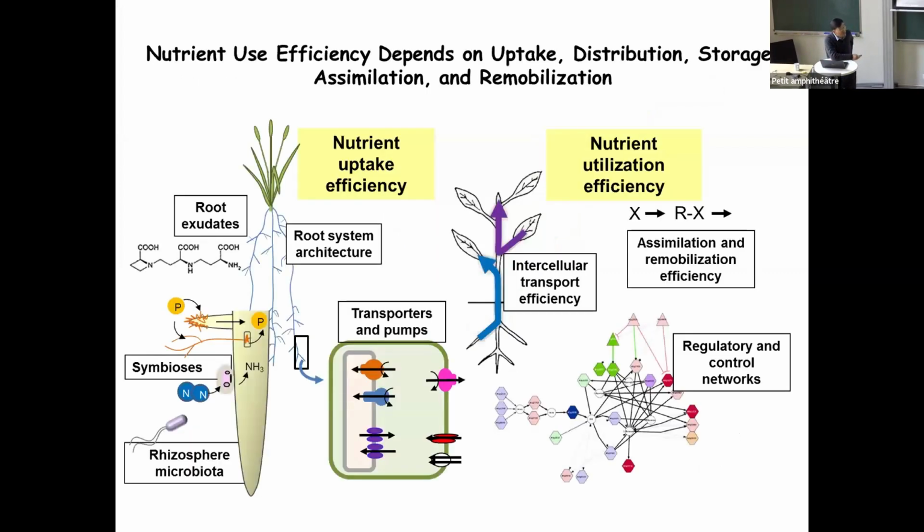So nutrient use efficiency depends on many processes, including root uptake of minerals from soil, transport from root to other organs, and redistribution of nutrients throughout the developmental processes. And for some perennial plants or crops, the recycling of the mineral nutrients at the end of the growth cycle is very important.